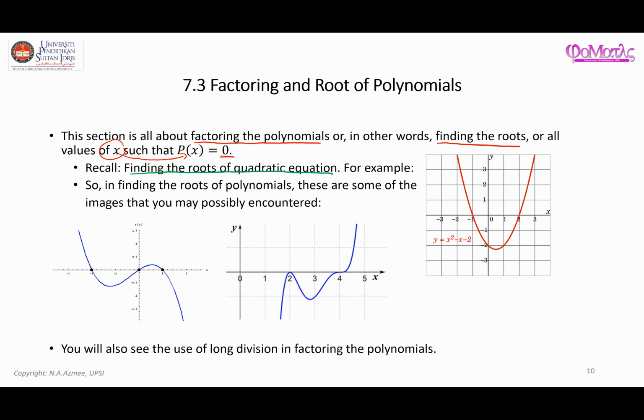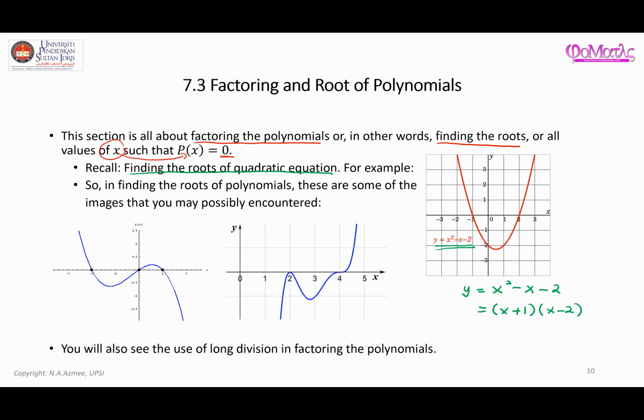So quadratic equation is also a type of polynomial function, and in this example we look at this function here, y is equal to x squared minus x minus 2, and this can actually be factorized as x plus 1 and x minus 2. Okay, so you can check by expanding it and you will get this original expression here.